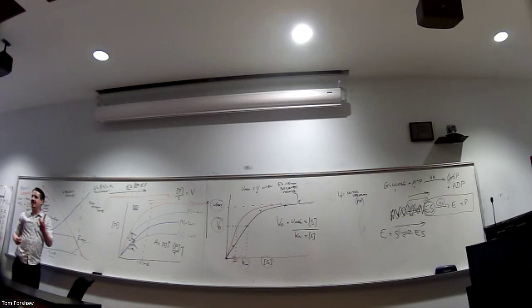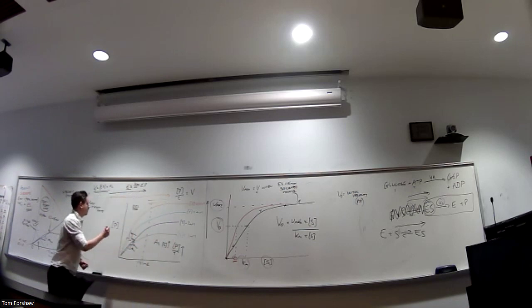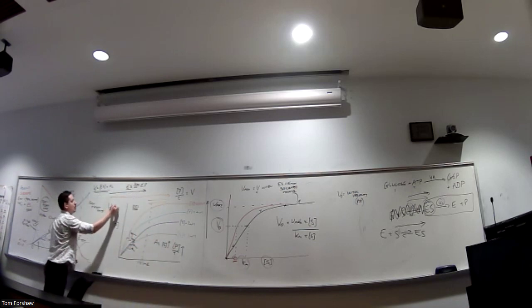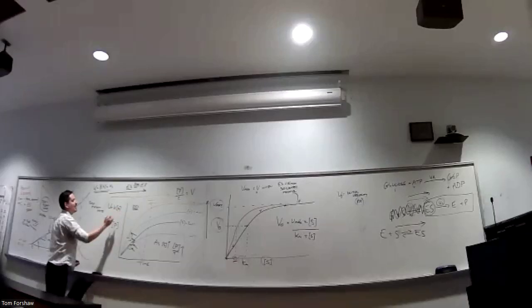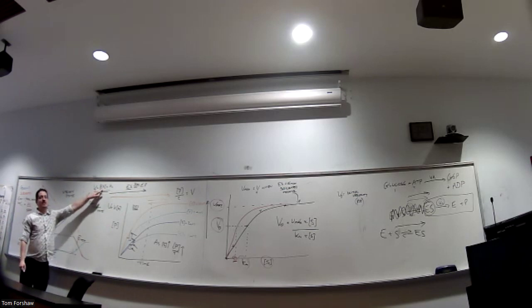I remember from the rate kinetics, I said this is old stuff from a little while ago, I did velocity is equal to K multiplied by S. I showed that right at the beginning of the lecture. It's the same thing. The concentration of the enzyme substrate complex multiplied by the rate equals the velocity.